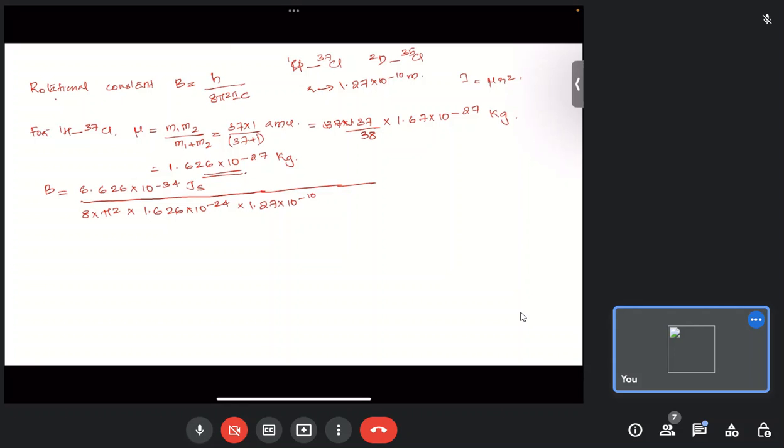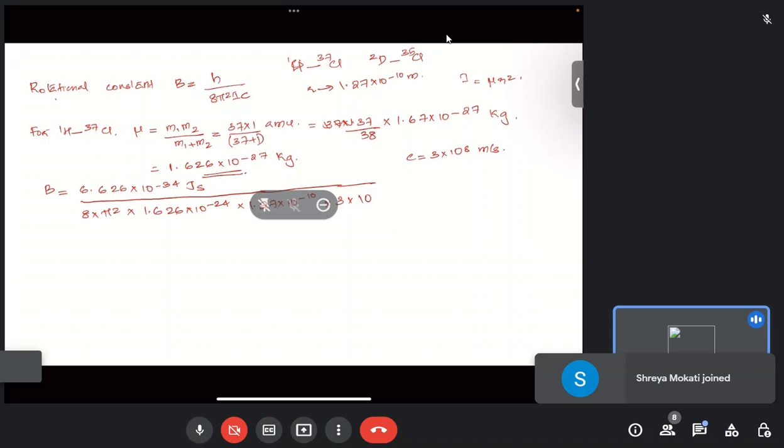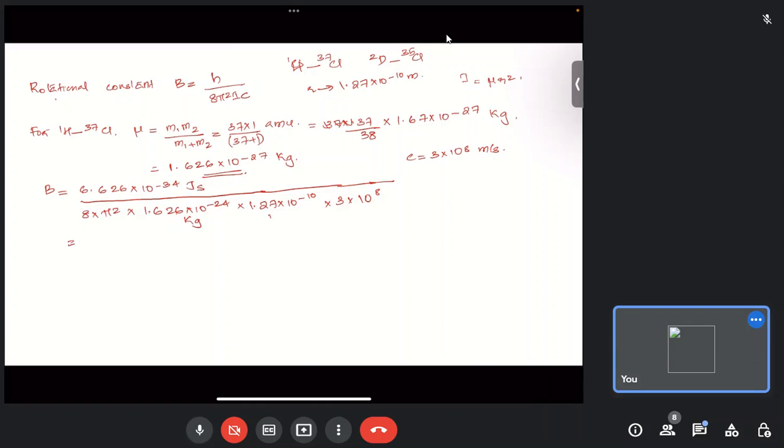And c is 3 into 10 to the power 8 meter second inverse. This is in kilogram, this is in meter, this is meter per second.